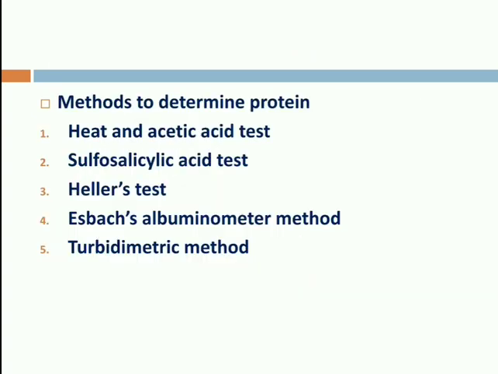Tests to detect protein in urine are the heat and acetic acid method, sulfosalicylic acid method, Haller's test, Esbach albuminometer method, and turbidimetric method. In most labs, we use the sulfosalicylic acid test and the heat and acetic acid test.